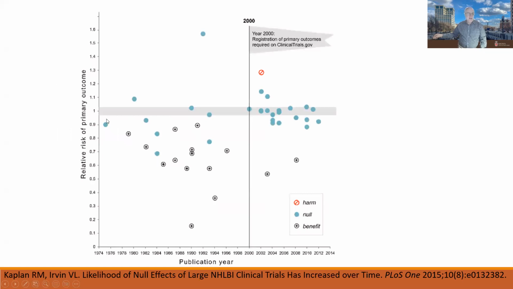This was a nice illustration of a landmark paper showing that over time, the research community has gotten better. These were relative risk of a primary outcome. The dots below this line indicate effective interventions. These are interventions that are probably similar, and these are actually harmful interventions.